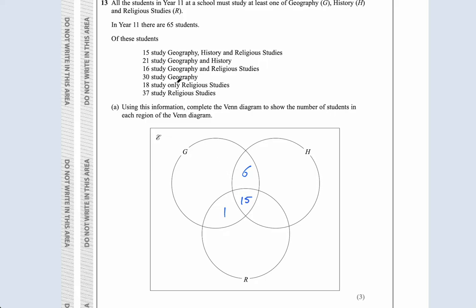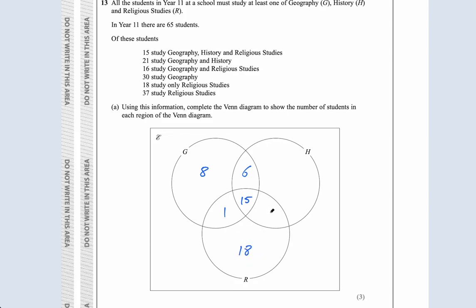30 study geography. Now that's the whole circle. I have 15, 21, 22. What's left? 8. Just notice the difference, guys, between 30 study geography and 18 study only religious studies. So 18 is going here, because this is the only religious studies section.